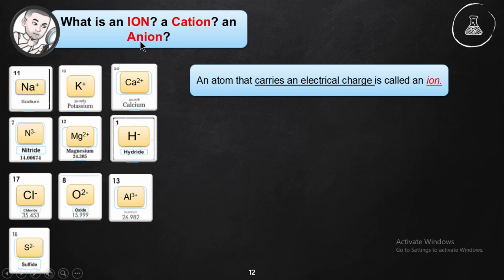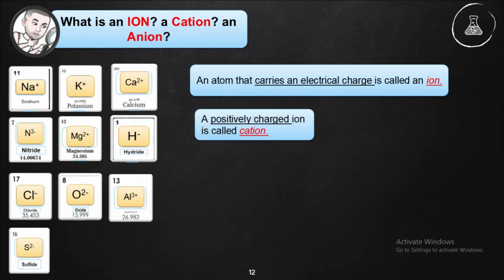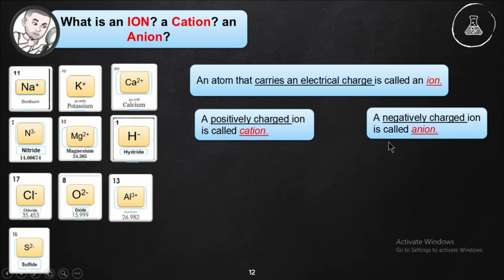So ano ba yung pinagkaiba ng dalawa? Ang cation, ito yung ion na positively charged. Yung anion naman, ito yung ion na negatively charged. Now, among these examples kanina, which among them belongs to cation and which among them belongs to anion?